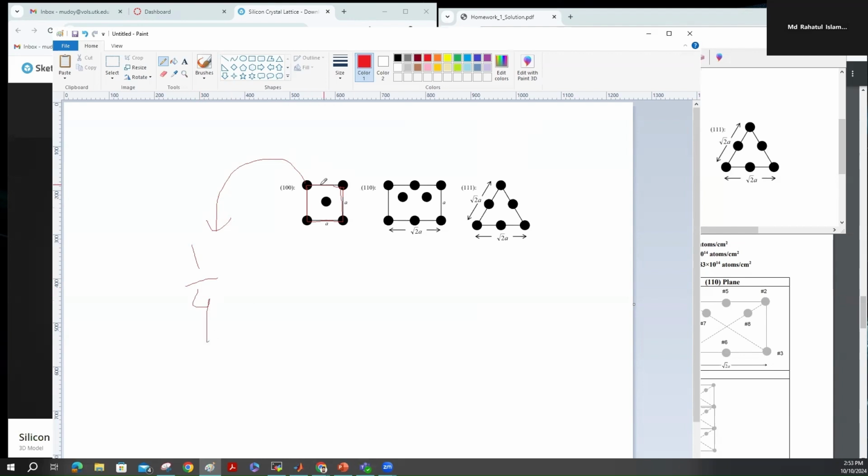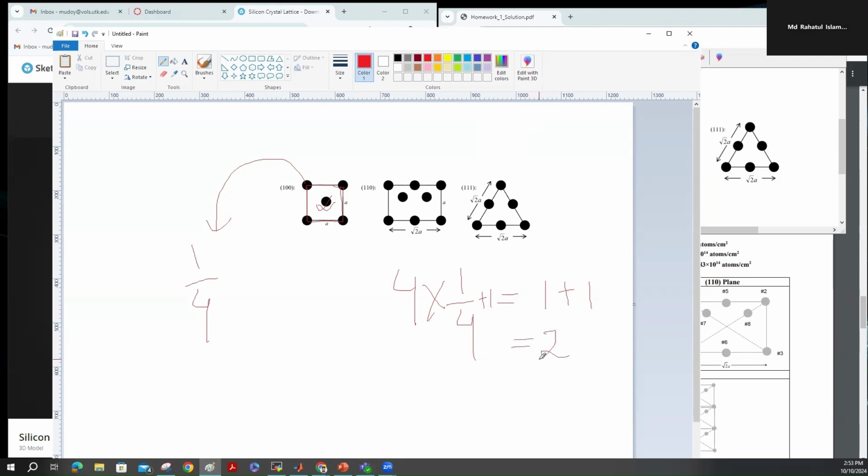So how many of this kind of atoms do we have? We have four, into 1/4. I mean, there are four atoms like this. So the atom count will be 4 times 1/4, that is 1. And we have a full atom here, which we will add. So the number of atoms we have in this 100 plane is 2.